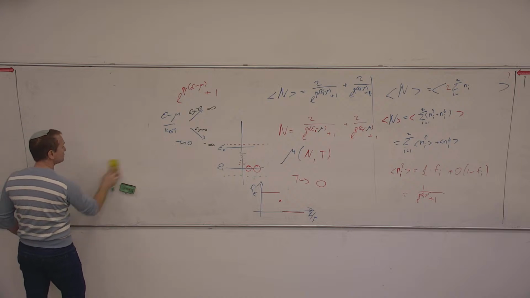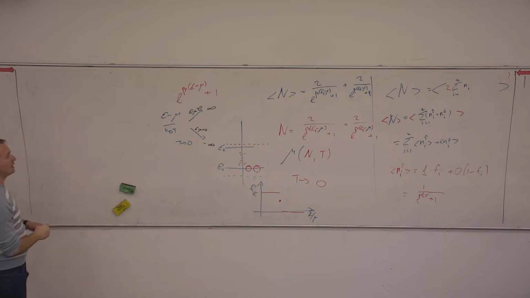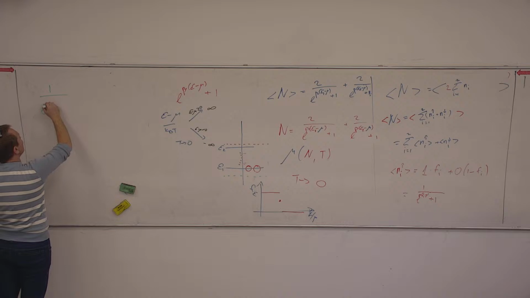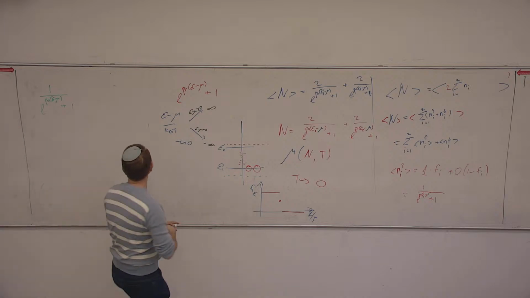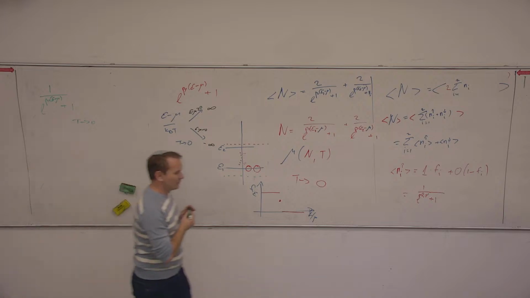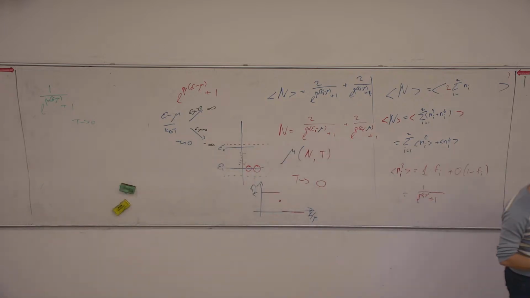So I'm using this, and I'm saying the following thing. We have 1 over e to the power beta epsilon minus mu plus 1, and I'm taking the t to 0 limit. Now, there are two options.